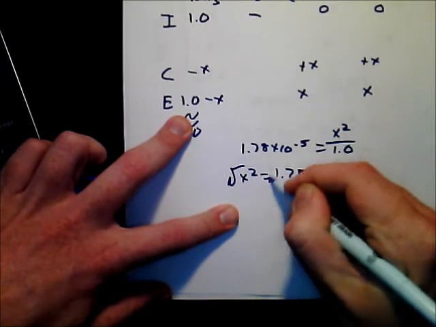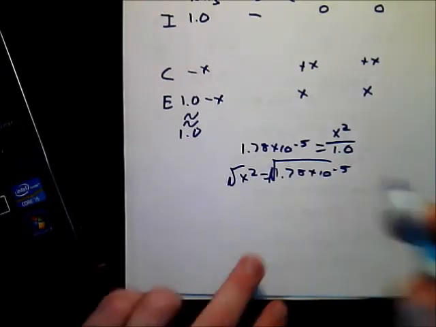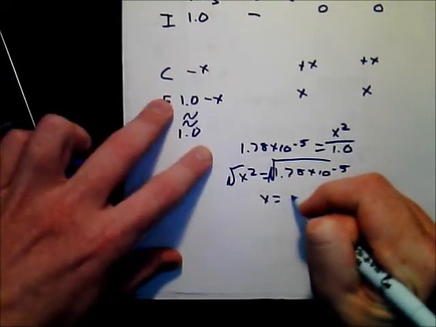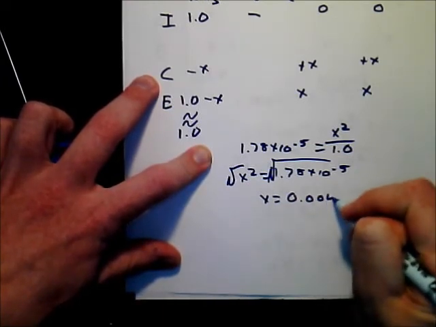Take the square root of both sides. So we square root 1.78 times 10 to the negative fifth. Get out my handy dandy calculator here. And that's actually 0.00422.